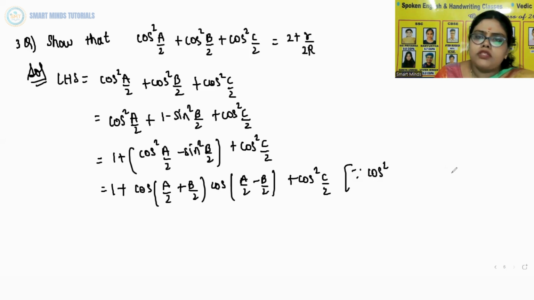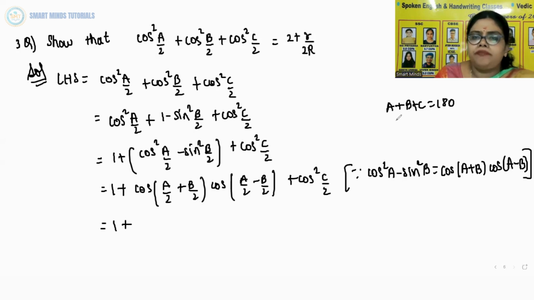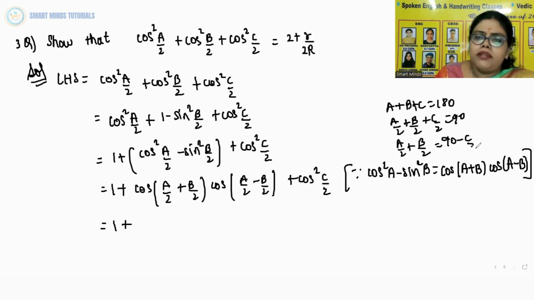Since cos²A - sin²B = cos(A+B)cos(A-B). Now that is 1 plus. Again we know that in properties of triangles, A + B + C is 180, so A/2 + B/2 + C/2 will be 90. So A/2 + B/2 can be written as 90 - C/2.